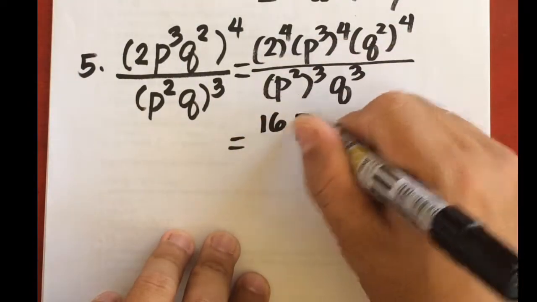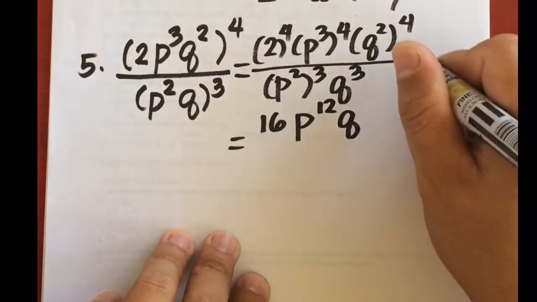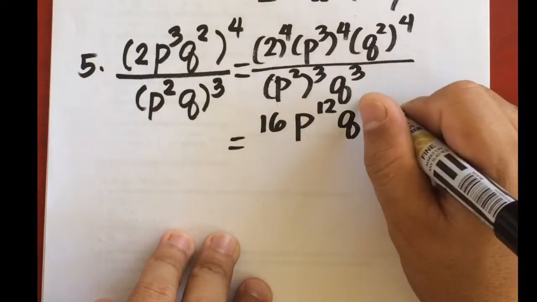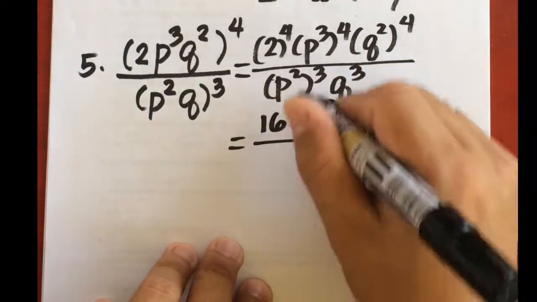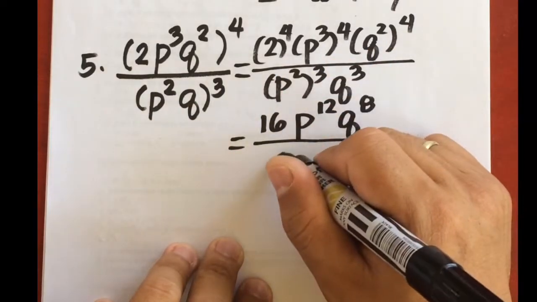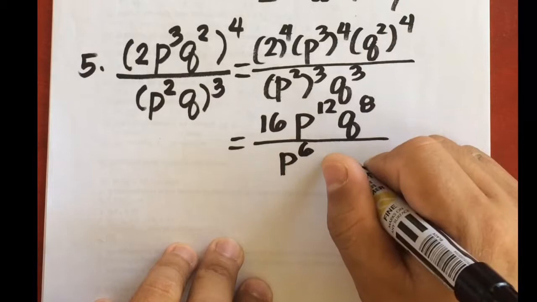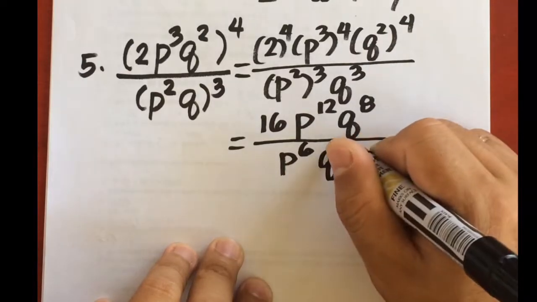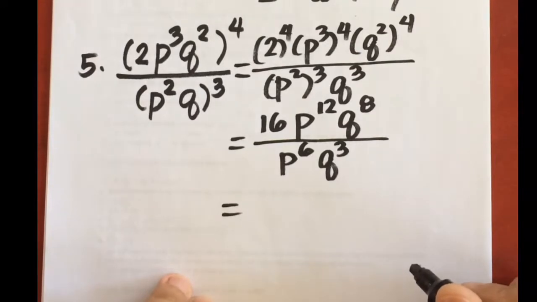Then this is p to the power of 12. Then last will be q to the power of 2 times 4, which is 8, over p to the power of 2 times 3, which is 6, then q cubed. So you have here 16 p to the power of 12 q to the power of 8 over p to the power of 6 q cubed.